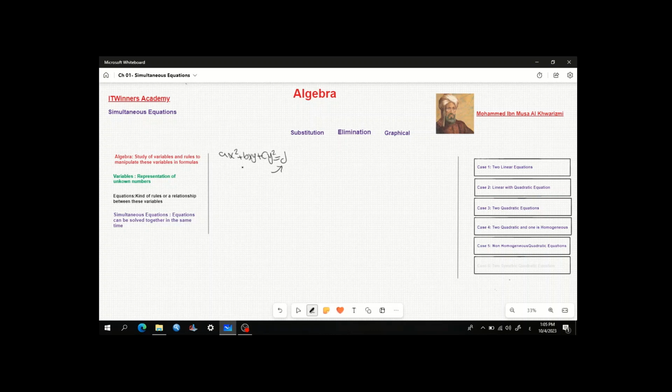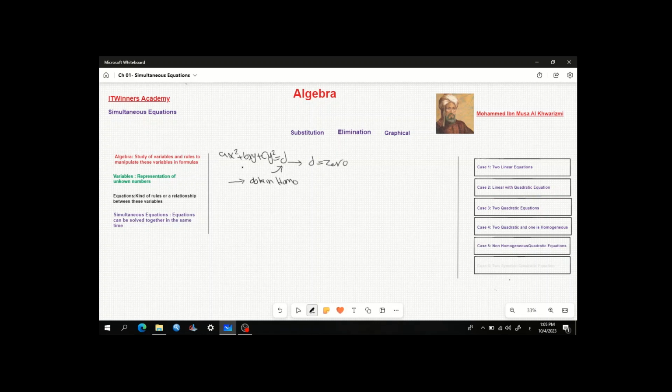If I have two of these equations, how can I solve it? We will combine these equations to obtain a homogeneous equation, so d will be 0.